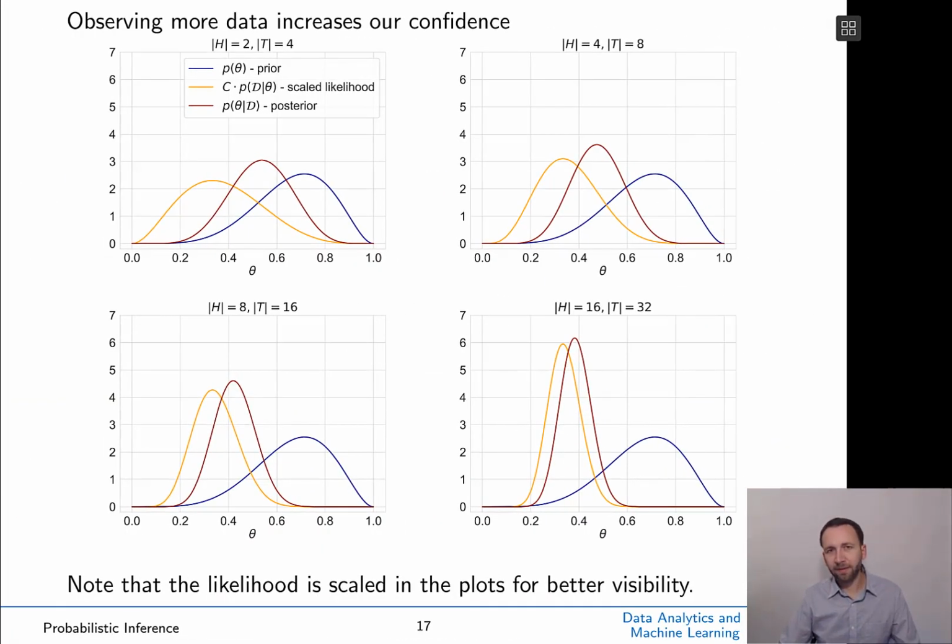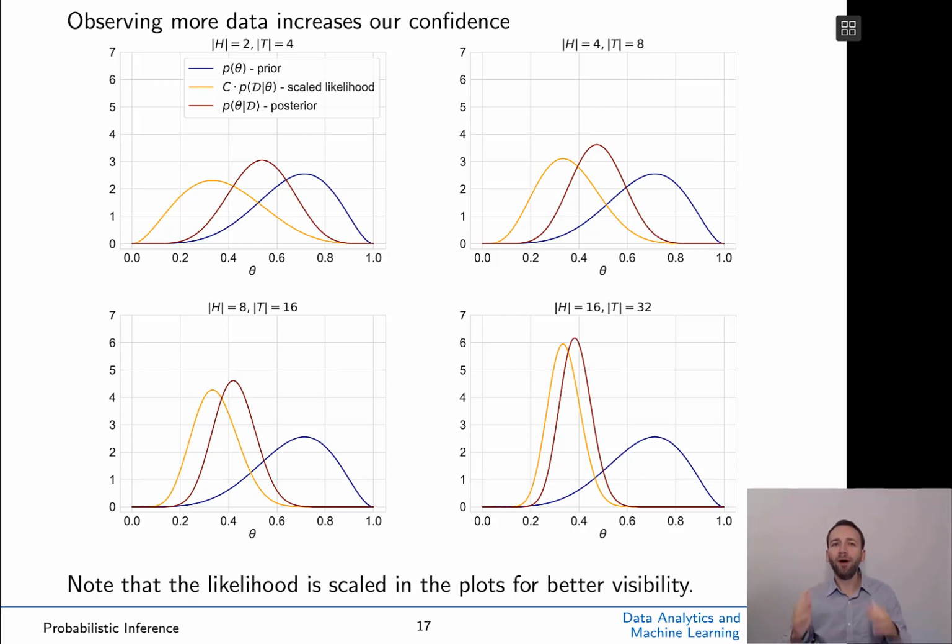Good. And what you could also expect is that the more data we see, the more we should trust the data. If we have a prior belief about a coin, 50% most of the time, but now we do an experiment and flip the coin 1 million times and it always shows head, head, head, then of course it's quite realistic that this is really a completely wrong coin, which always shows head.